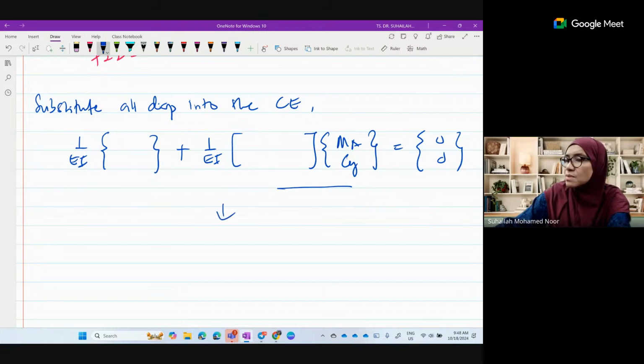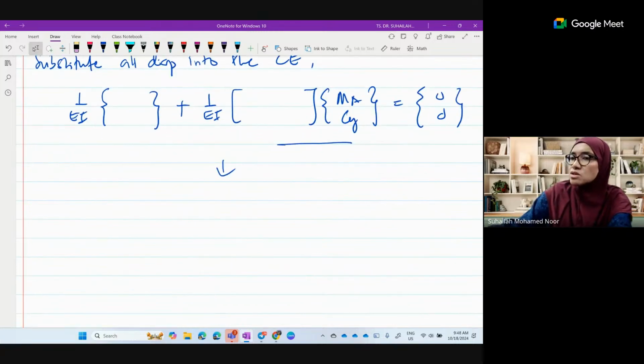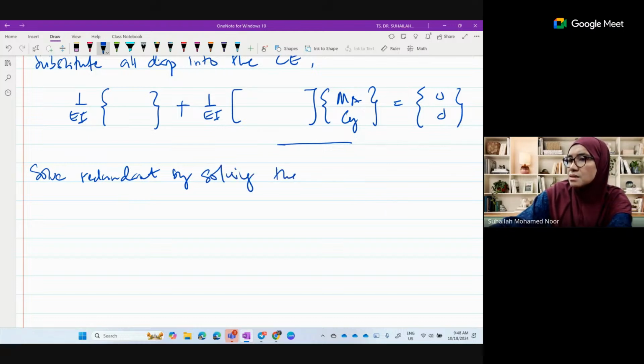Bila kita solve lah, substitute first, and then solve redundant by solving the compatibility equation.